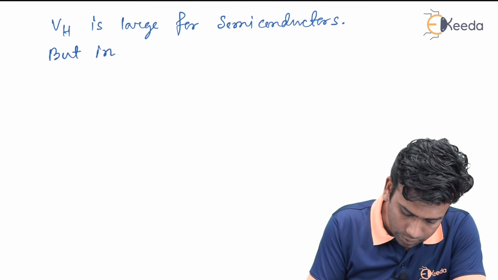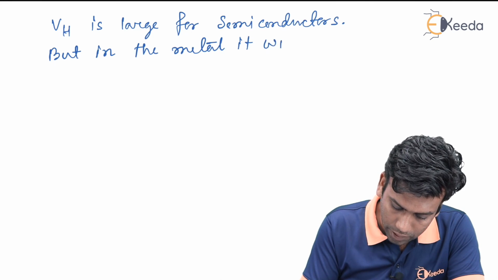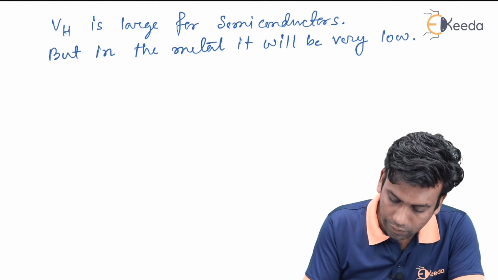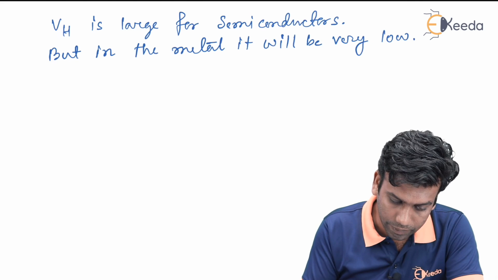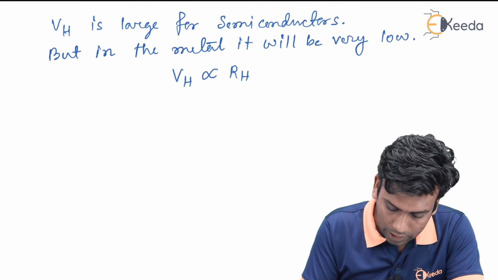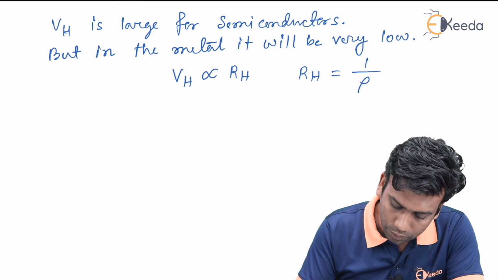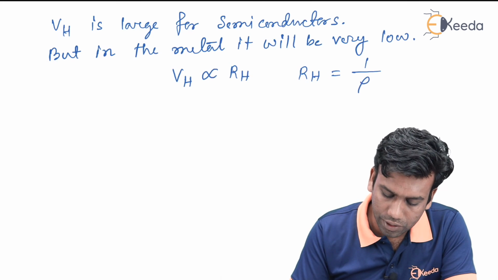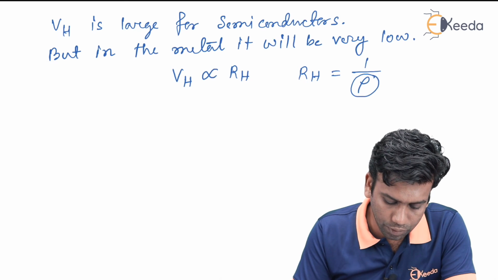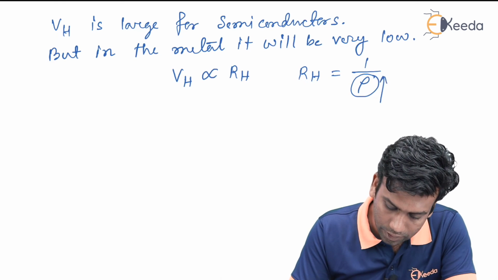But in the metal, it will be very low, even it can become 0, because the Hall voltage Vh is proportional to Rh, that is the Hall coefficient, and Rh is equal to 1 by rho, and rho is the charge density in the material, and we know that inside the metal the charge density is very high.